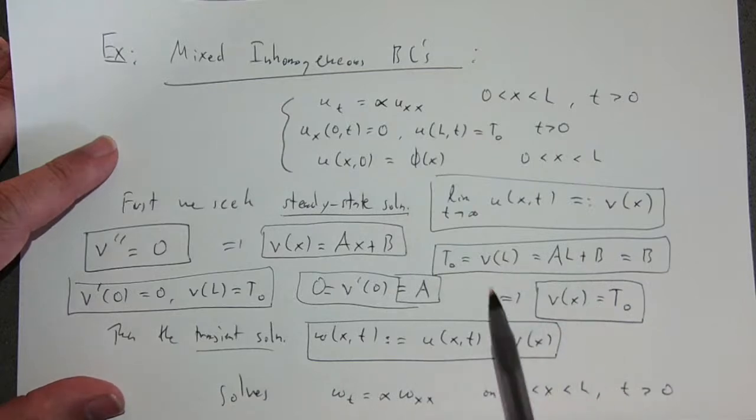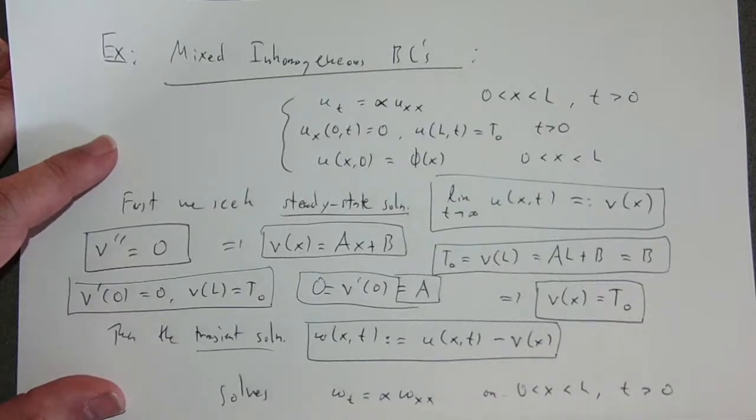This is v of x regardless of what it is, because there's no t here, so I'm not plugging in anything to v. So w of x,0 is u of x,0 minus v of x, which is phi of x minus v of x. It doesn't matter what particular form v takes. This doesn't depend on t, so that's always going to be phi of x minus v of x.